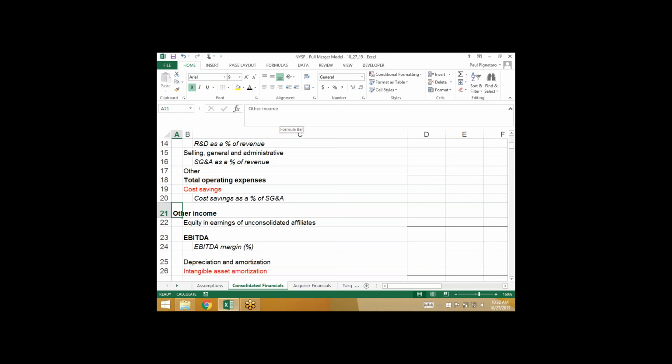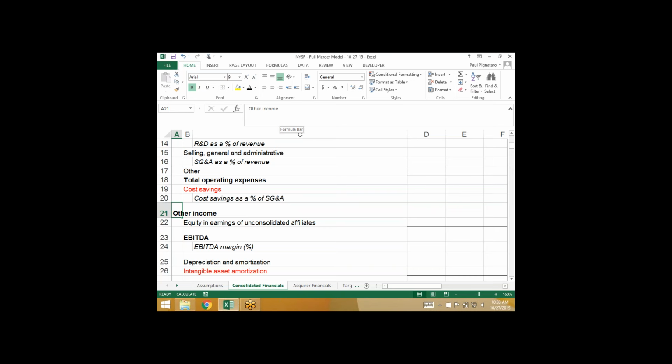Yeah, and it's an investment that this company has in somebody else, right? So if you own less than 20% of a stock, you get a dividend. If you own 20.1% or more, but not over 50%, you are a minority interest holder.